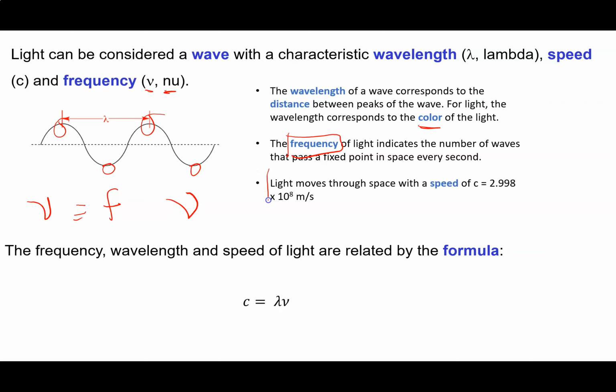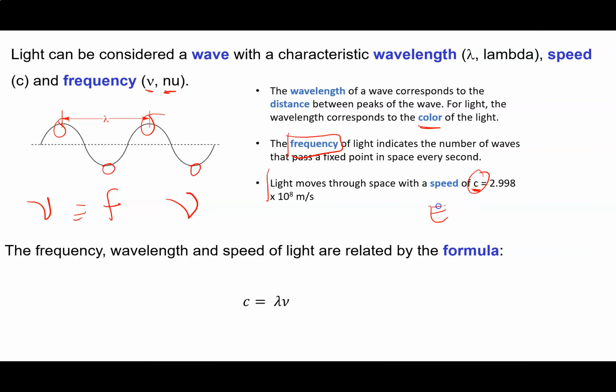Now, light has a characteristic speed that it moves through space at, and this is really quick. It's 2.998 times 10 to the 8 meters per second, and generally the speed of light is indicated with the symbol c. Often to indicate the speed of a generic wave, whether it be light or some other kind of wave, they might use v, but for the speed of light it's always c.